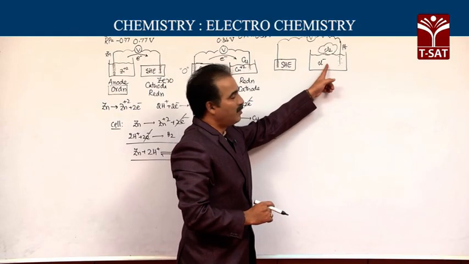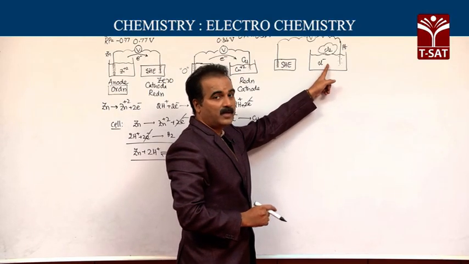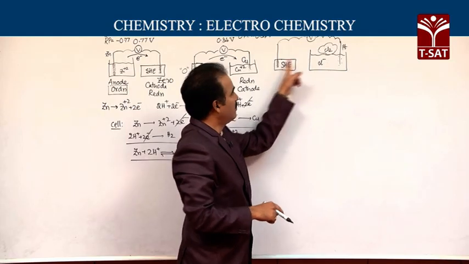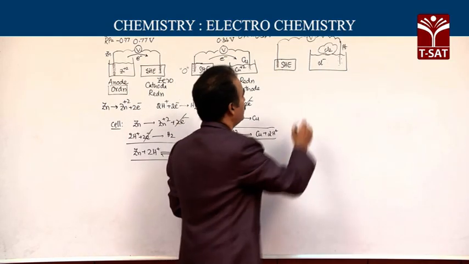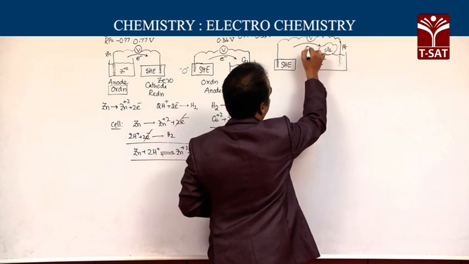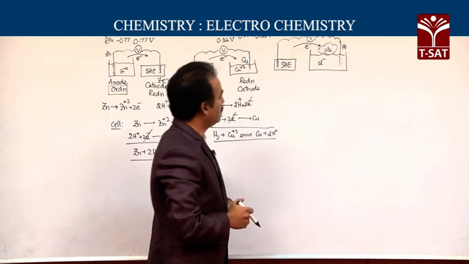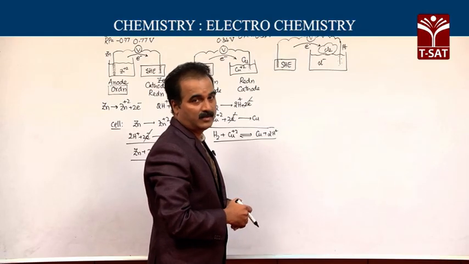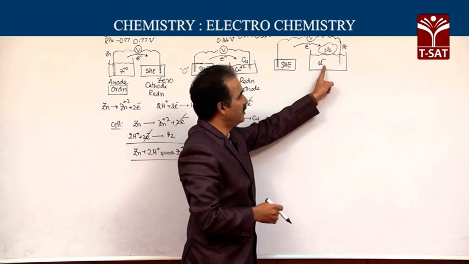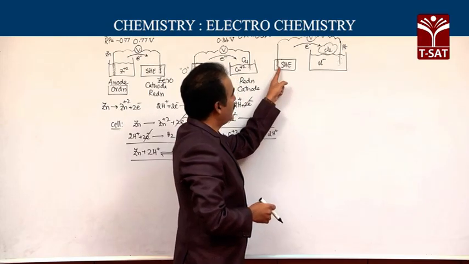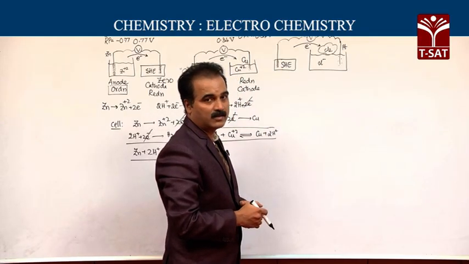The potential developed at the chlorine electrode is 0.75 volts lesser than the potential developed at the standard hydrogen electrode. That is why electrons go from the hydrogen electrode to the chlorine electrode. So, which is ready to undergo reduction? The chlorine electrode is ready to undergo reduction. So, the hydrogen electrode is ready to undergo oxidation.